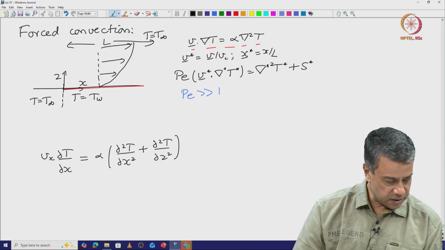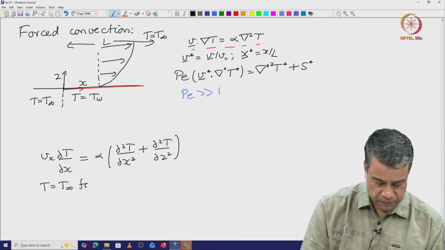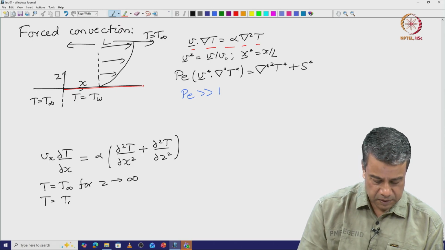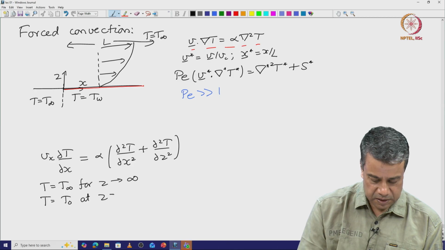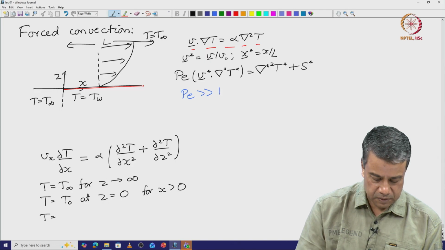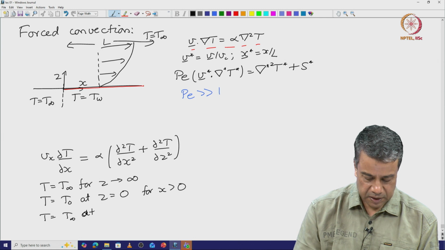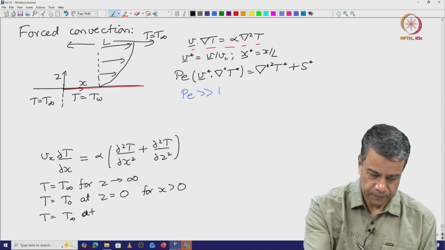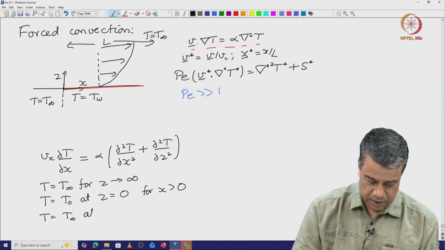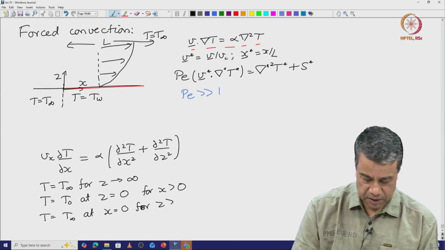And the boundary conditions are that T is equal to T infinity for z going to infinity far from the surface, T is equal to T wall at z equal to 0 for x greater than 0, and T is equal to T infinity at the start of this heated section, at x equal to 0 for z greater than 0.